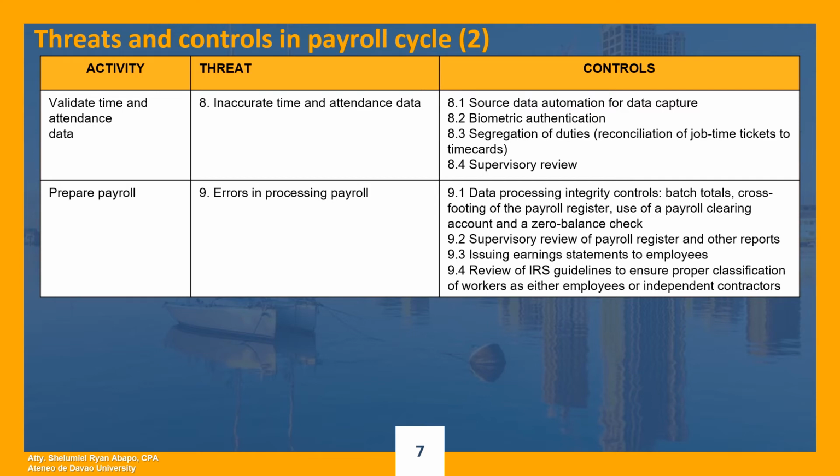Source data automation can reduce the risk of unintentional errors in collecting time and attendance data. Information technology can also reduce the risk of intentional inaccuracies in time and attendance data by using biometric authentication techniques such as hand scans to verify the identity of the employee who is clocking in and out of work.